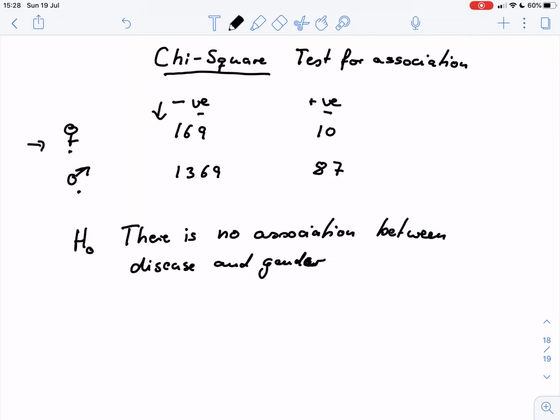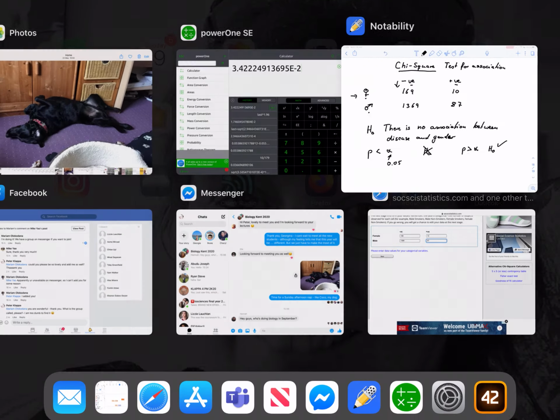And we say if we get a p-value smaller than a cutoff, let's say alpha, and we would traditionally use an alpha of 0.05, we would say if the p-value is smaller than alpha, we would reject the null hypothesis. If the p-value is larger than alpha, then we would fail to reject, and we would say there is no association.